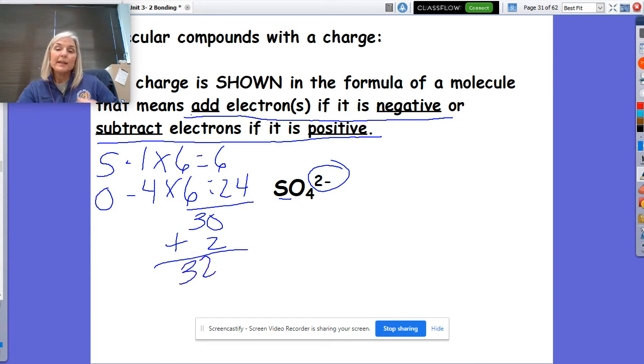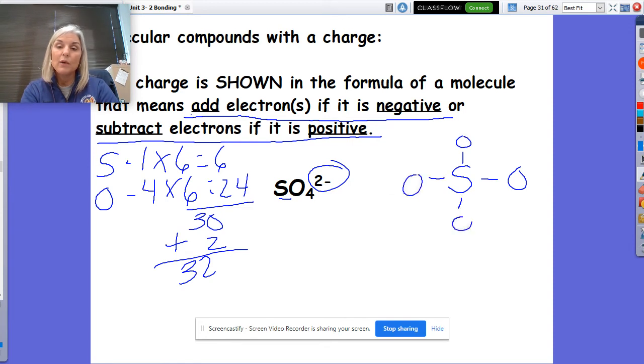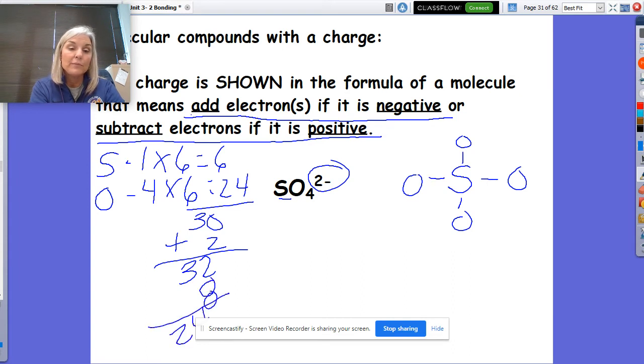So sulfur is by itself, so it goes in the center. And then we're going to place our oxygens around sulfur. Now we have used up 2, 4, 6, 8 out of the 32. And that gives me 24.